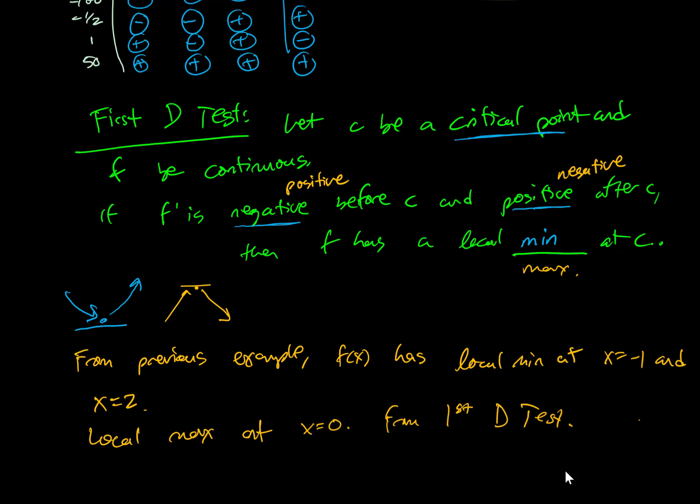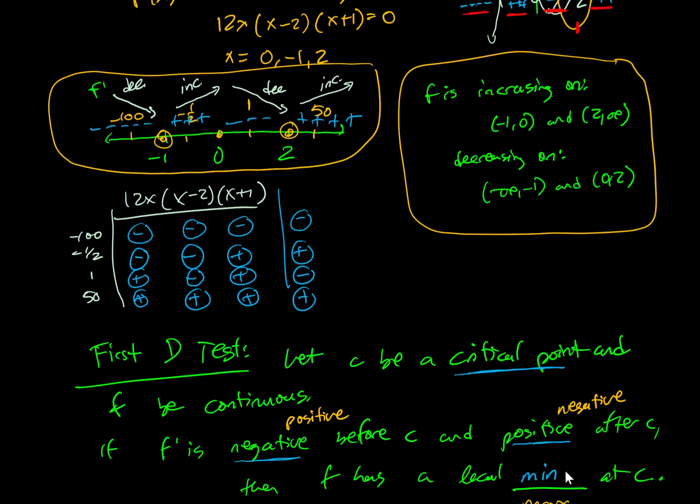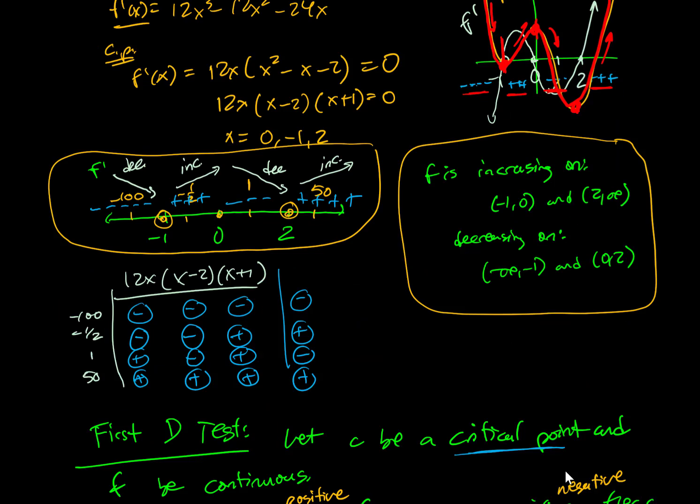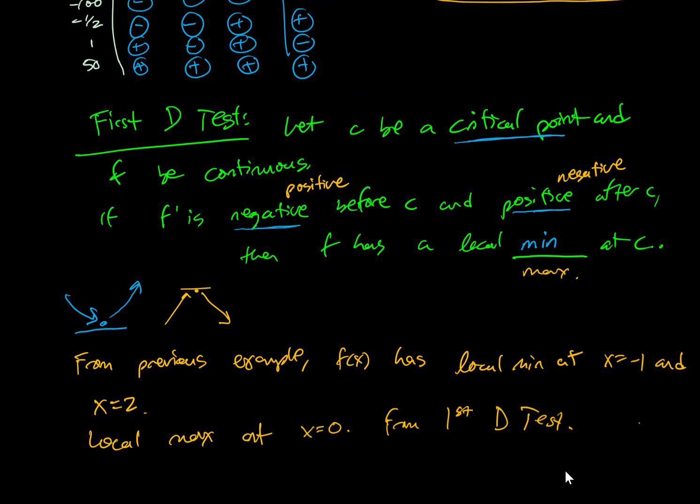Okay, now let's look at the graph. Is that consistent? Look at my graph here, the yellow. I'll trace it in red again. So this guy, look, we have local min at -1 and 2, and we have a local max at 0. That's exactly what we just said. Sybil, is this answering some questions? Good.